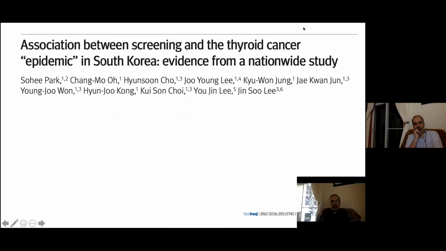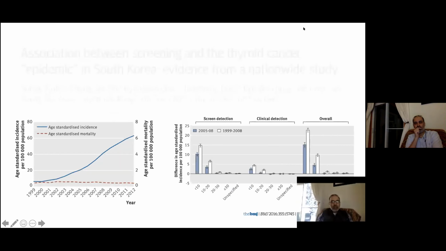And this is a very elegant study which was done in Korea and illustrates the point that I was making earlier. In this particular study, they essentially showed that there was an increase in the age standardized incidence, which is shown here.